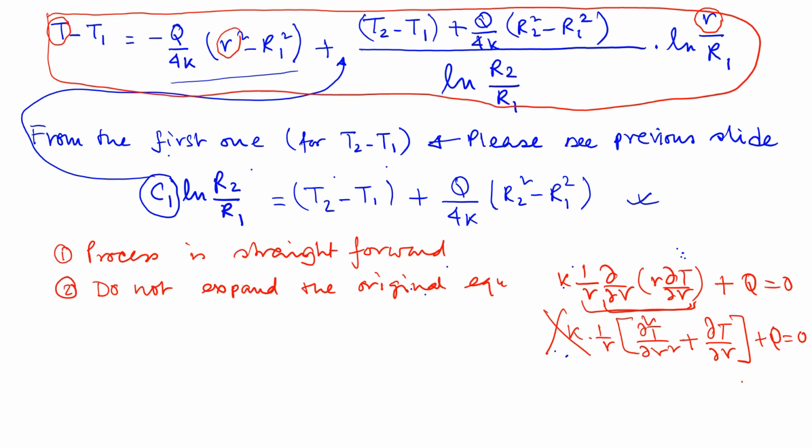The other thing is, this equation was inhomogeneous, meaning it's not this equal to 0, but this equal to minus q.